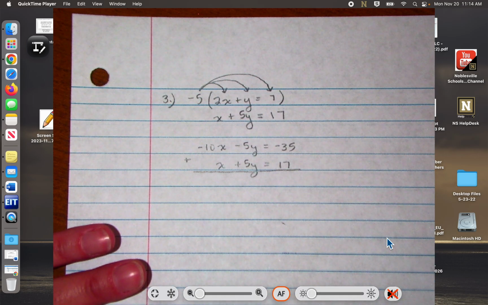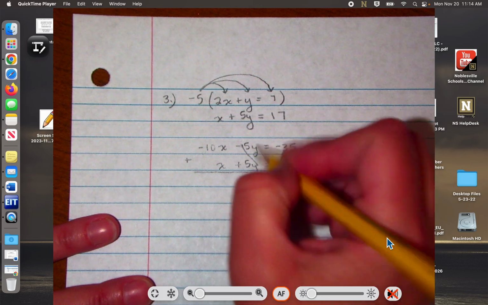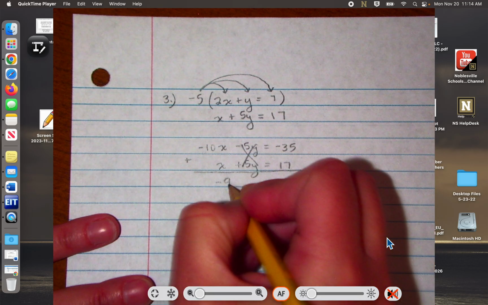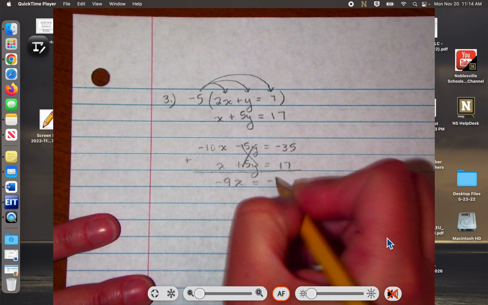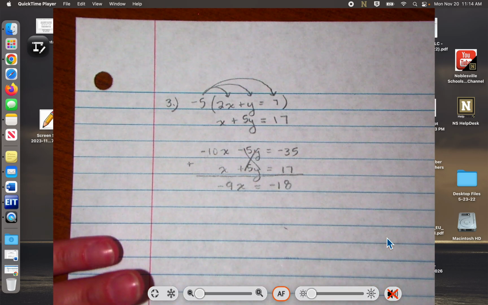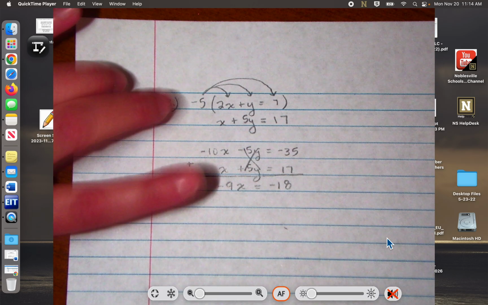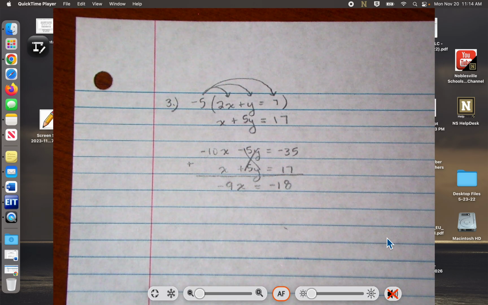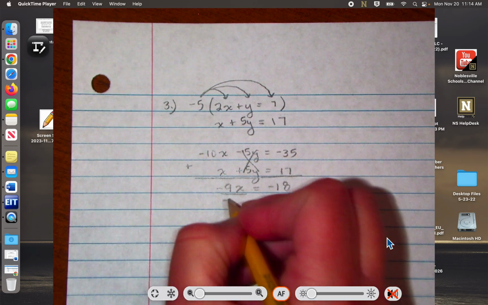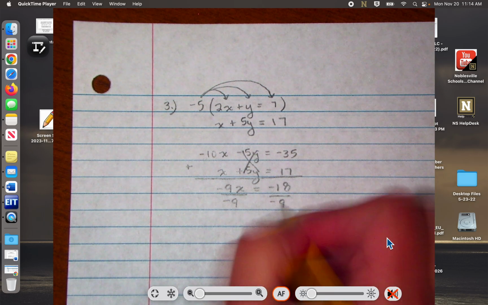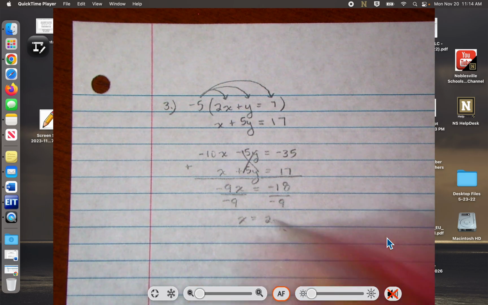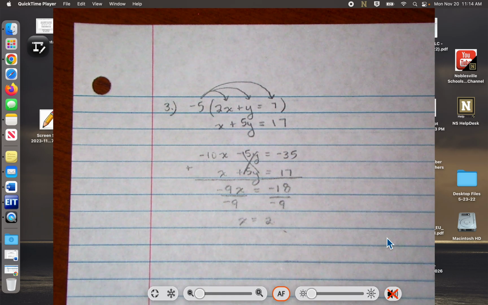Now I can cancel out the y's. And I get negative 9x equals negative 18. Right, because negative 10 plus 1 is going to be negative 9. So x will equal 2.